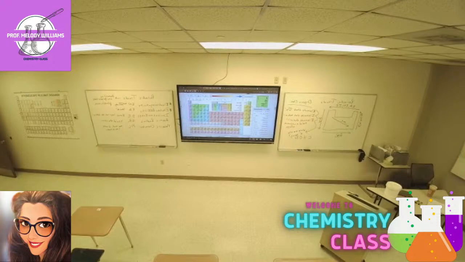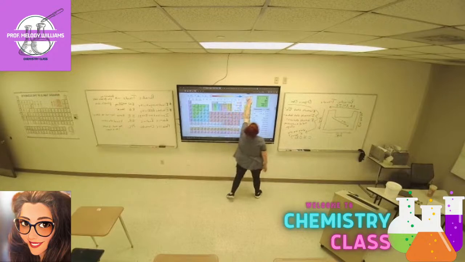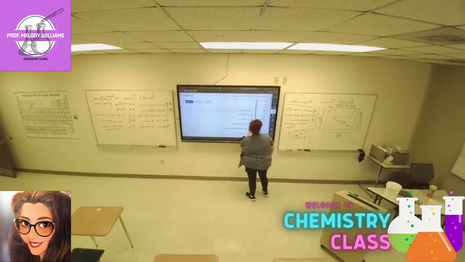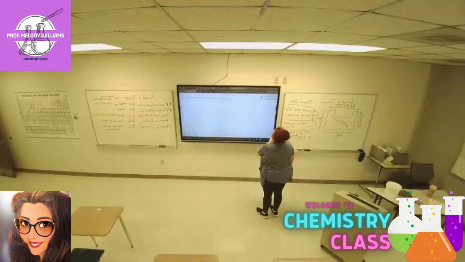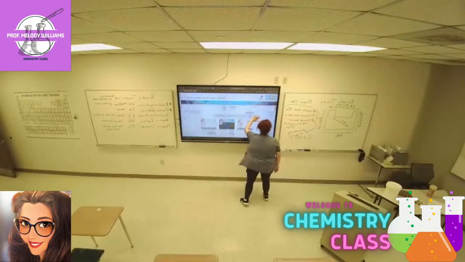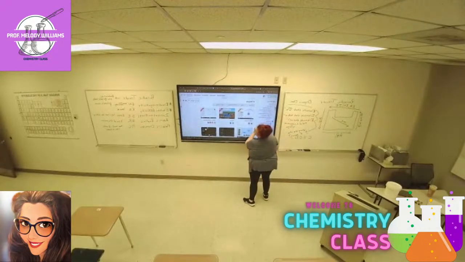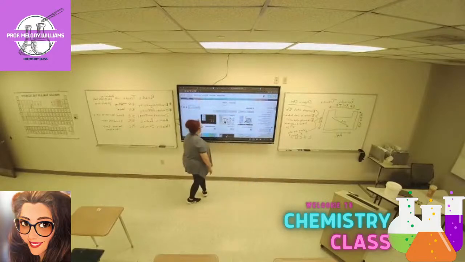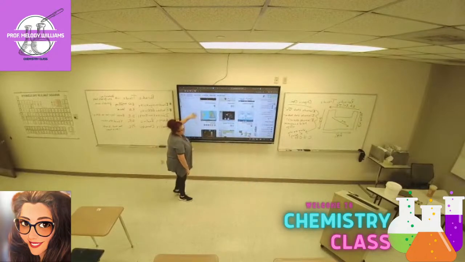Let's have a look at something. There's another website that I use, and I think you have a link to it in the module. Here we go. These simulations are very, very helpful. I found out recently that you can alphabetize this, which has made my life easier.